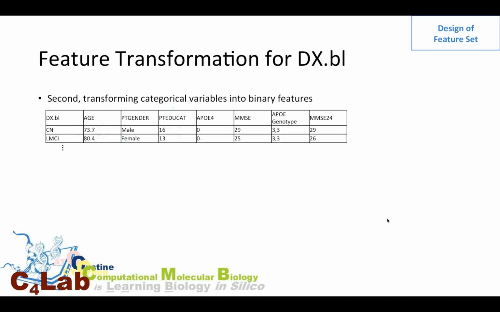Second, as in the previous study, if we transform categorical variables into binary features, then we can get better performance. So we transform categorical variables into binary features. For example, we transform diagnosis baseline to CN, LMCI, and AD.